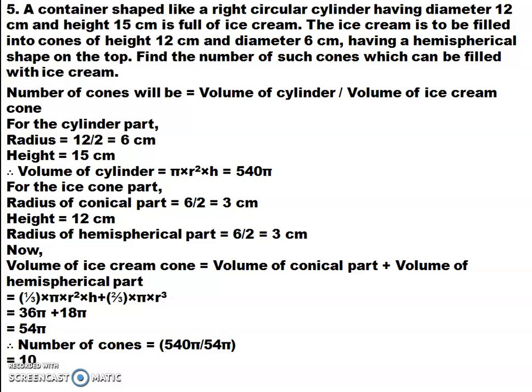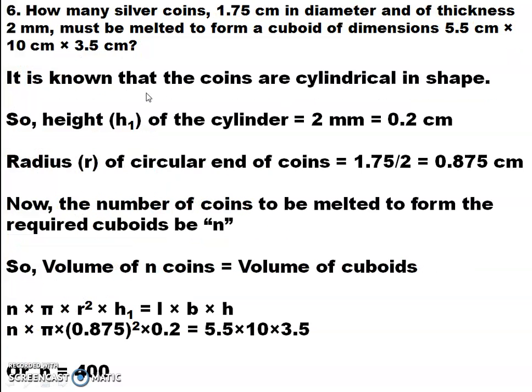Let's move on to the sixth question. How many silver coins 1.75 centimeter in diameter and of thickness 2 mm must be melted to form a cuboid of dimensions 5.5 centimeter into 10 centimeter into 3.5 centimeter?